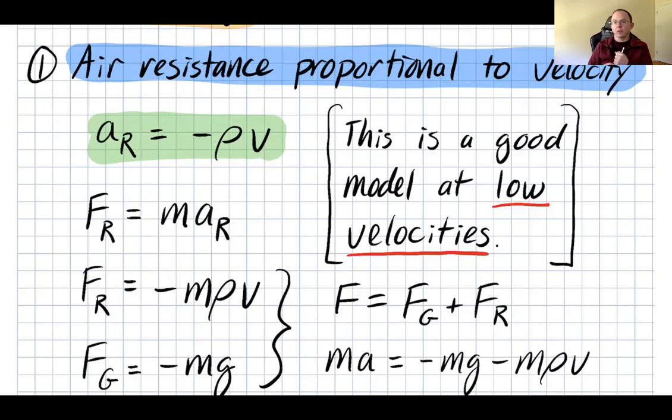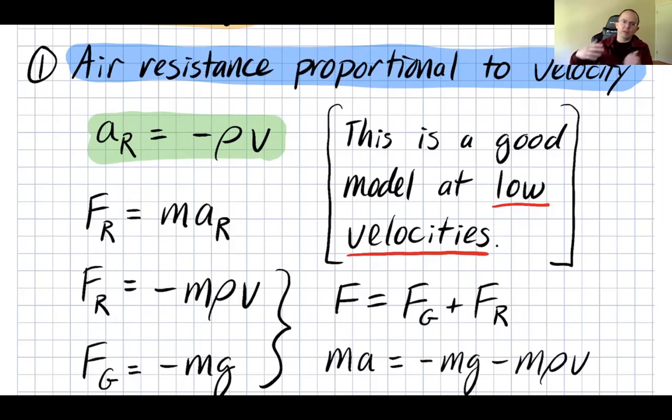there's a kind of mental experiment that we could think of. If we are falling through the air at a certain velocity, and we double our velocity, we're going to be displacing about twice the amount of air. So we'll get twice as much air resistance.